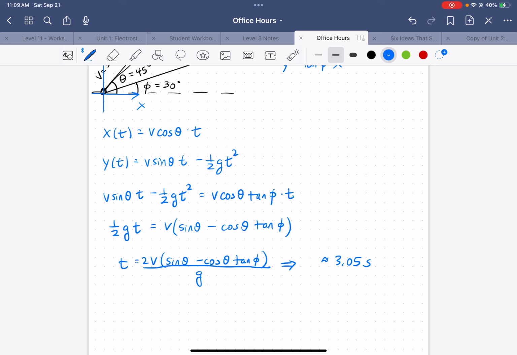So the distance along the incline is going to be the square root of x evaluated at this time squared plus y evaluated at this time squared. And again, when I put in those numbers, I'm going to get a distance right around 124.5 meters.